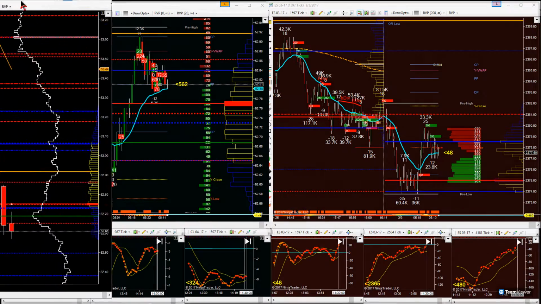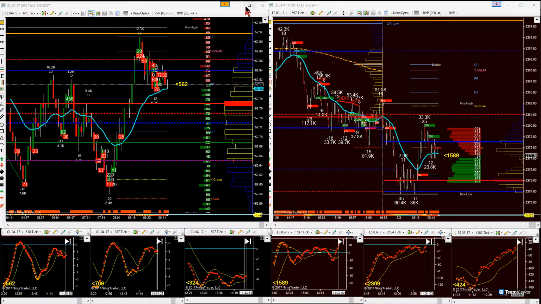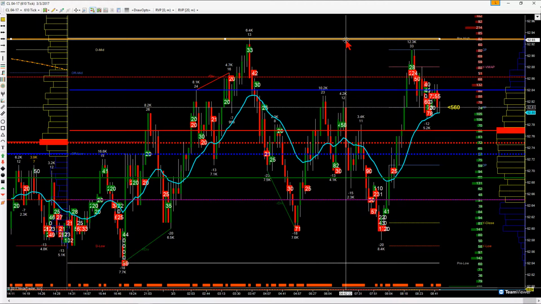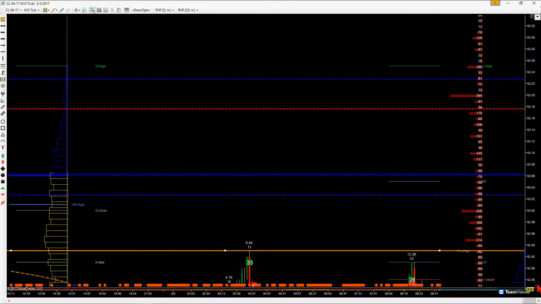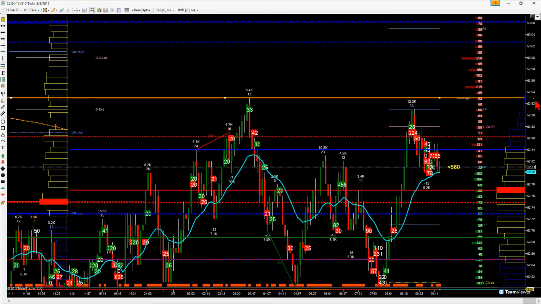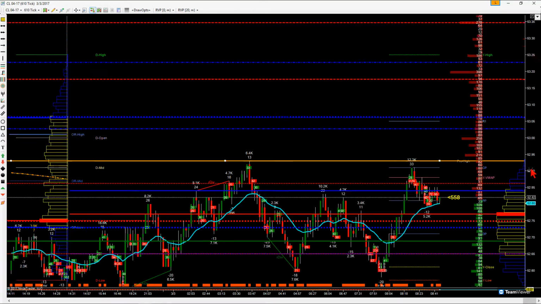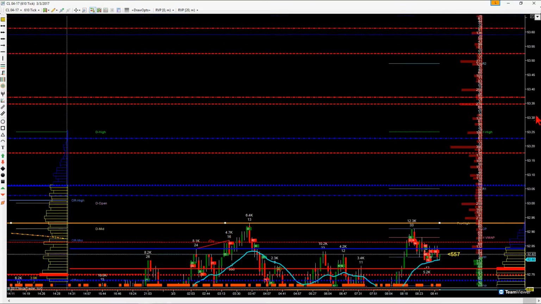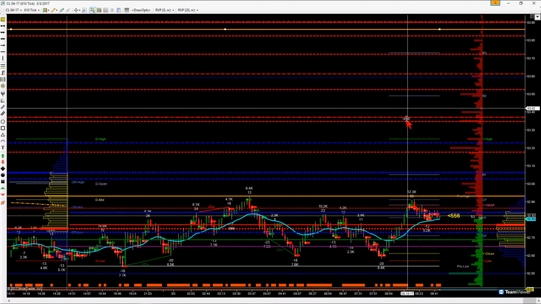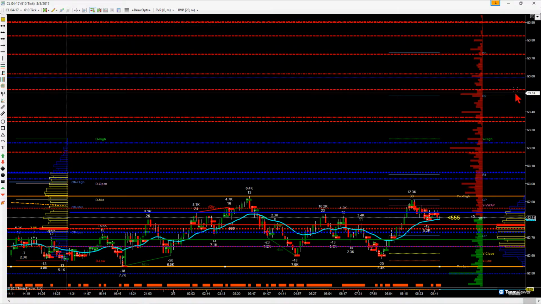Now that we have those from yesterday, let's go look at overnight trading. And here is overnight high. And there's yesterday's overnight low.